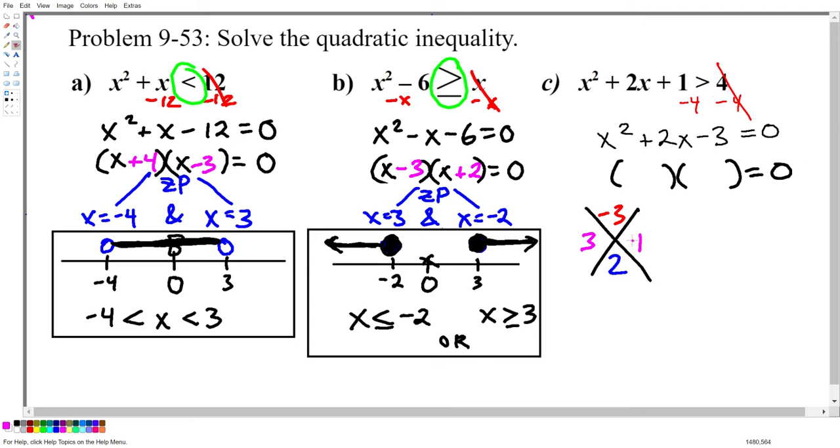So which one of these has negative? Yeah, that will work out. So we're going to get our factored form as x and x, and three and negative 1.